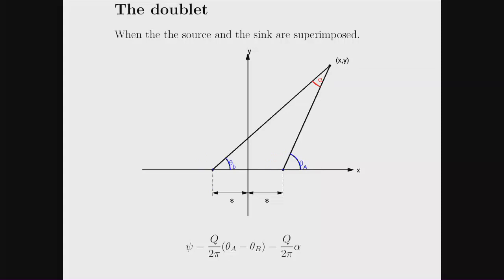The stream function for this flow is going to be Q over 2 pi times theta A minus theta B, and theta A minus theta B can be replaced with a constant which I've just called alpha. Alpha is this angle here. So let's try and derive this doublet.